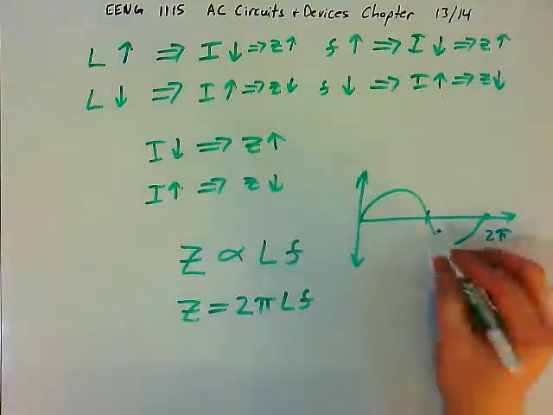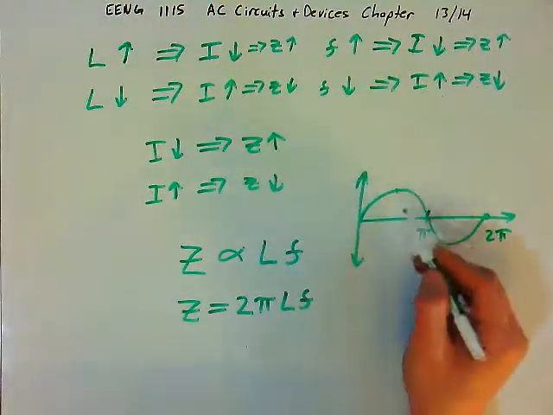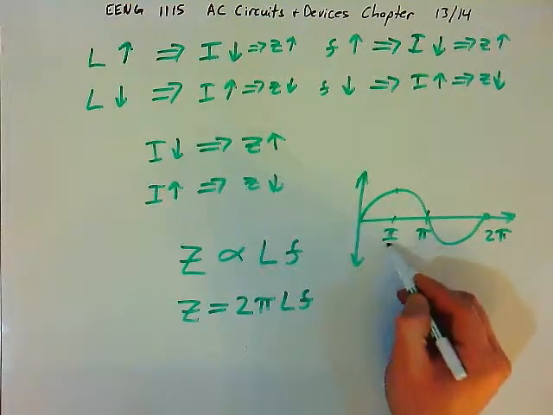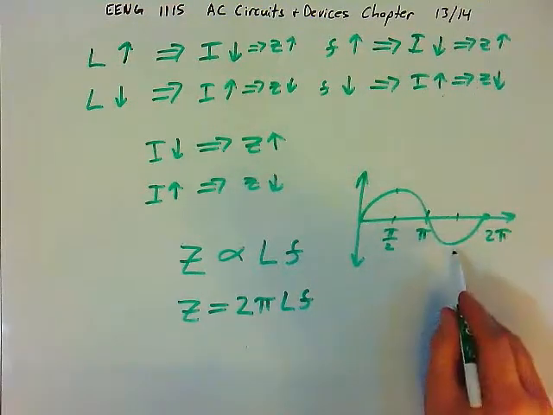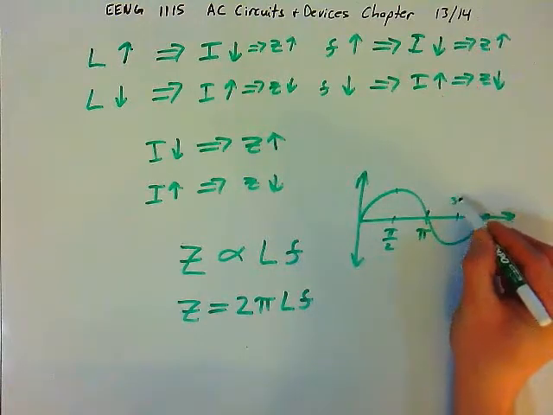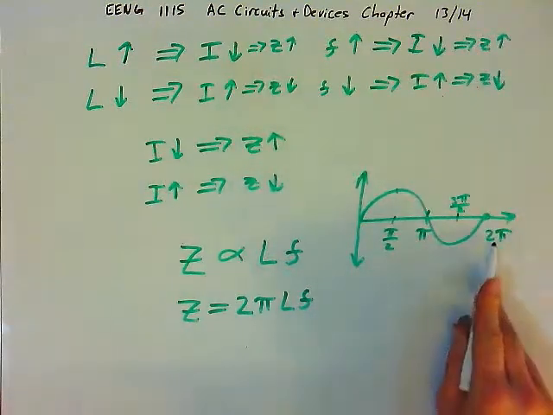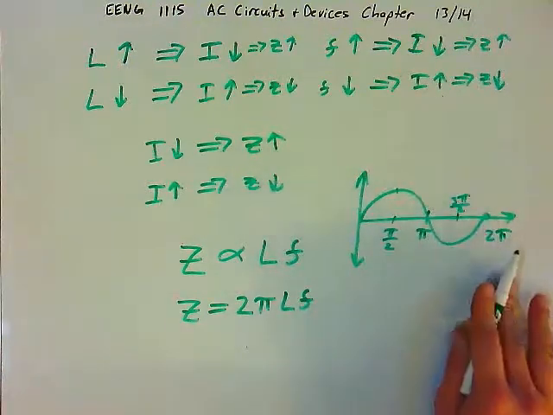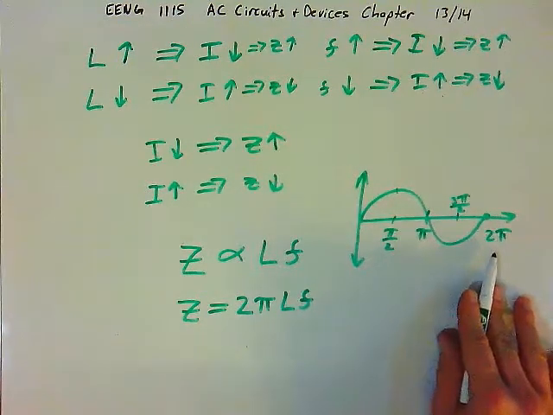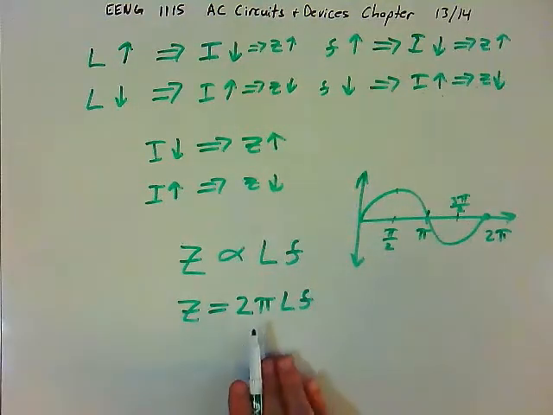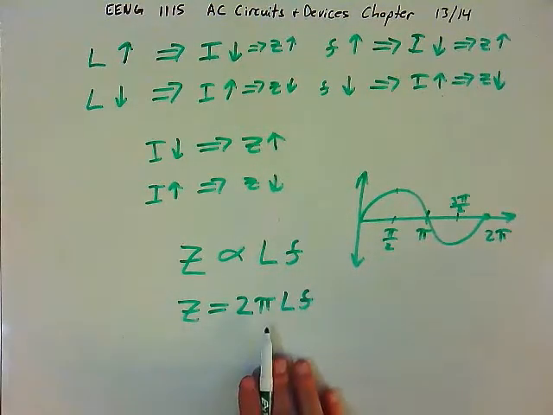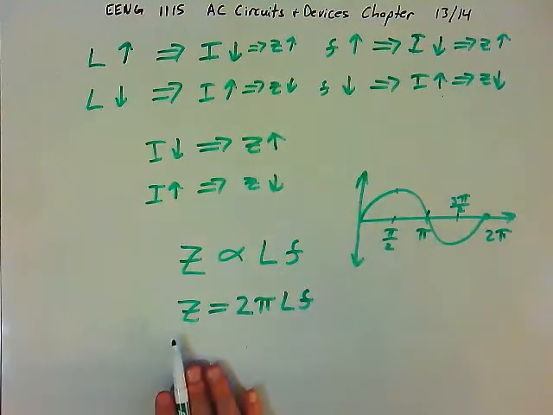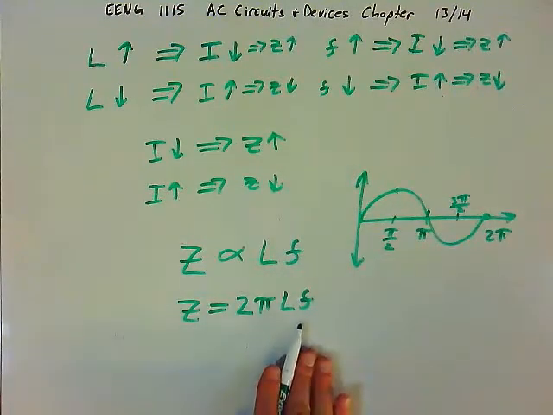Half of a sine wave, of course, is pi, and 90 degrees is equal to pi over 2, and 270 degrees is 3 pi over 2. Okay, so the 2 pi comes from the sine wave cycle. That's one complete oscillation of a sine wave measured out in radians. That's where this 2 pi comes from. We could derive this formula in more detail, but I think it's important that you just know the formula.